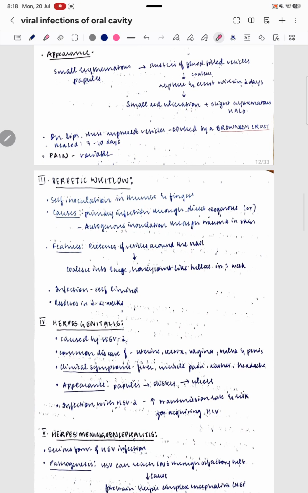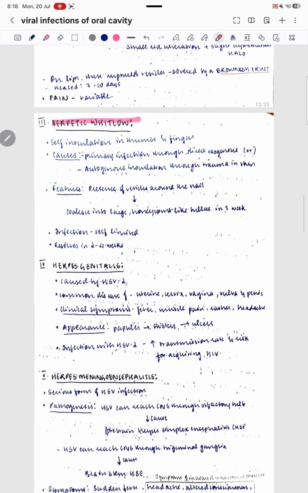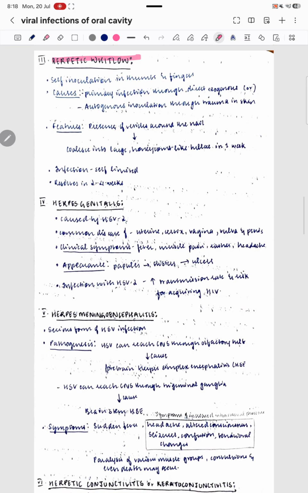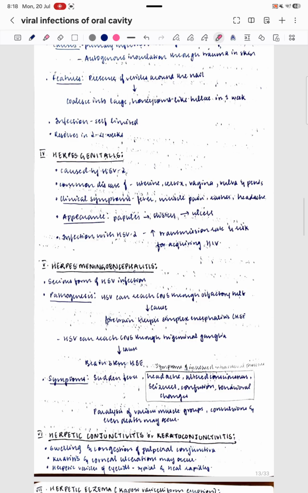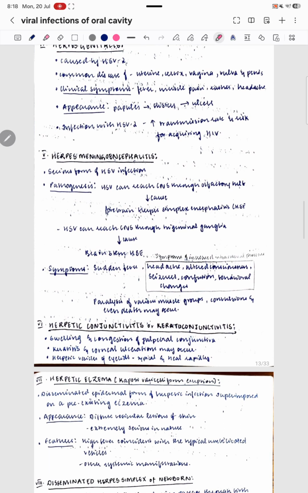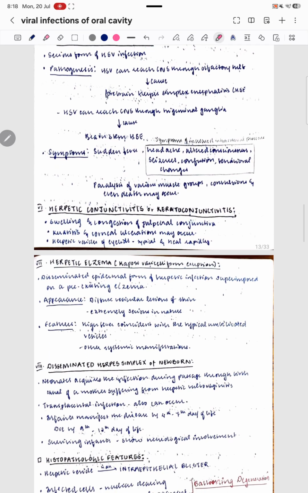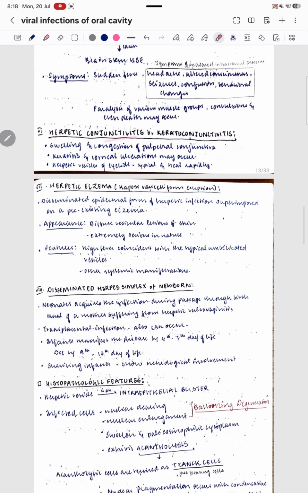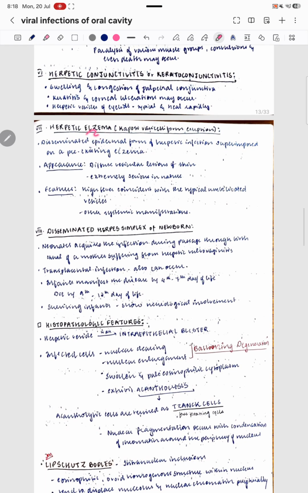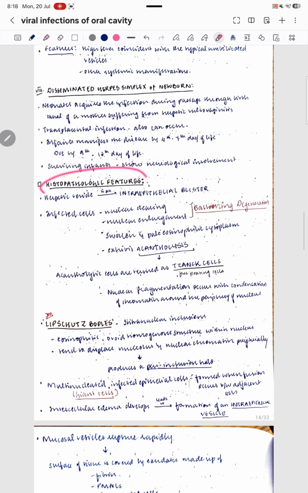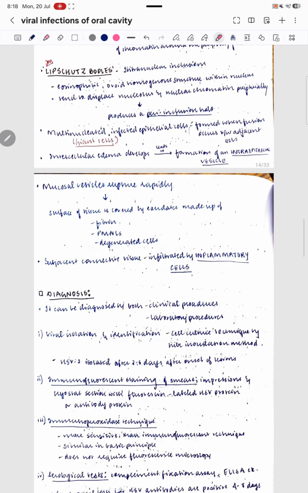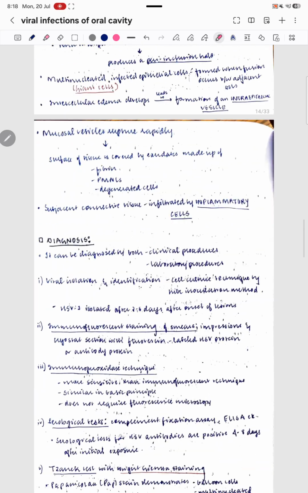Then we spoke about herpetic whitlow, the self-inoculating virus in the thumb, which is usually self-limited. Now we have to discuss herpes genitalis, meningoencephalitis, conjunctivitis. Then you have eczema herpeticum, disseminated herpes. Then we're going to see the histopathology of herpes, then diagnosis and treatment.